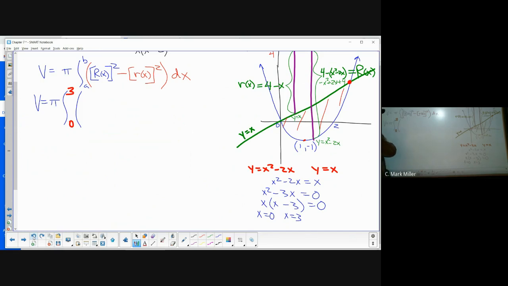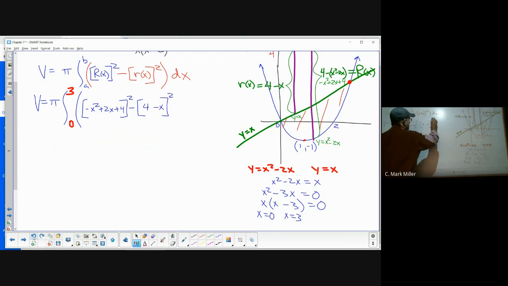So that's going to be minus x squared plus 2x plus 4, squared, minus little r of x, 4 minus x squared, dx. Right?